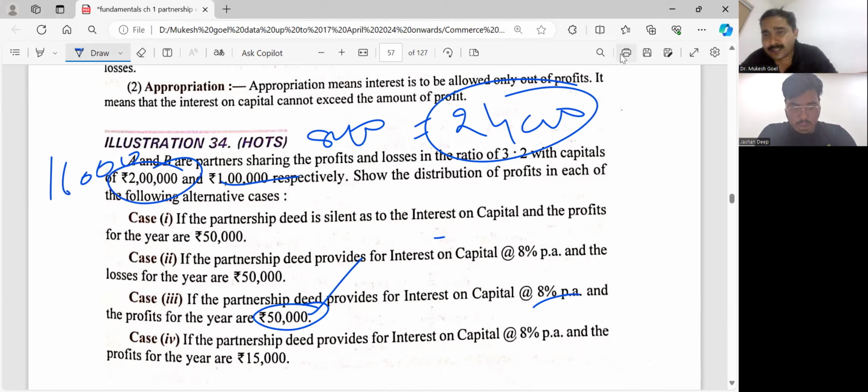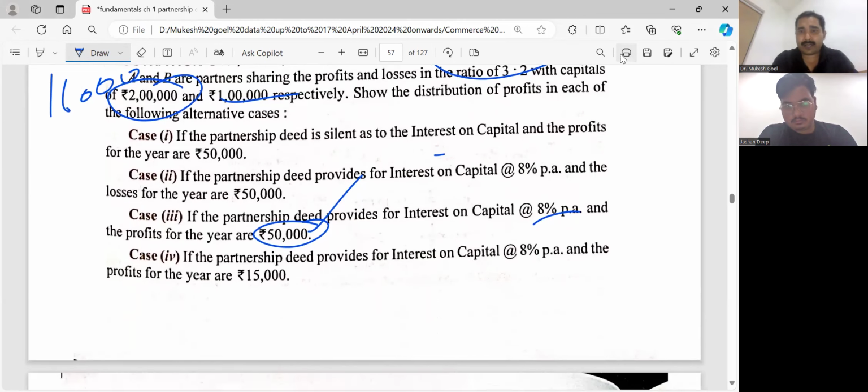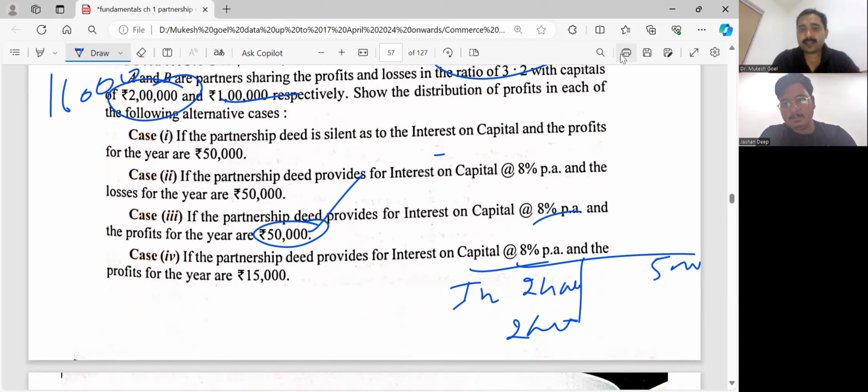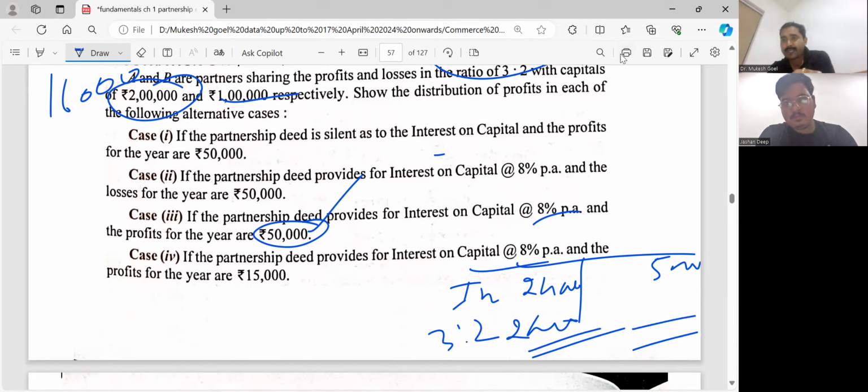Profit is more than interest, so we will charge full interest and give the profit to the partners. In the P&L appropriation account, 50,000 profit, interest 24,000 to both partners, and the remaining amount 26,000 we will divide in 3:2 between partners. Okay, simple. We have completed this type of question.